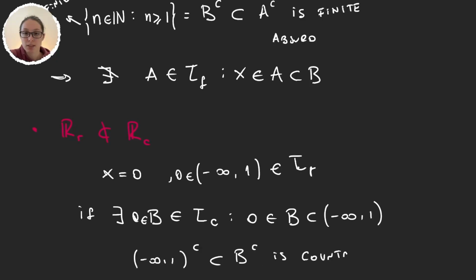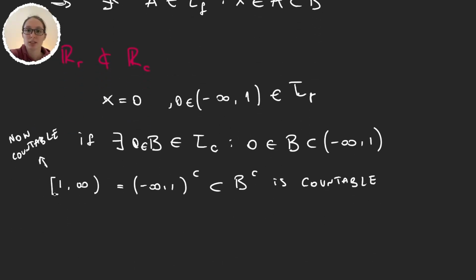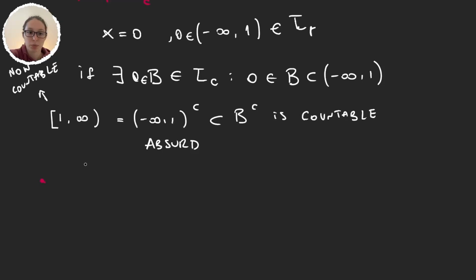P complement is countable, and the (minus infinity, 1) complement is [1, infinity), which is non-countable, and that is the absurd.